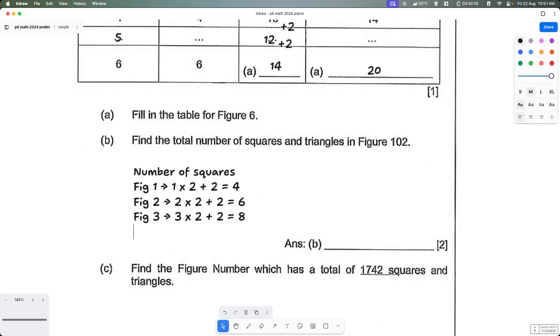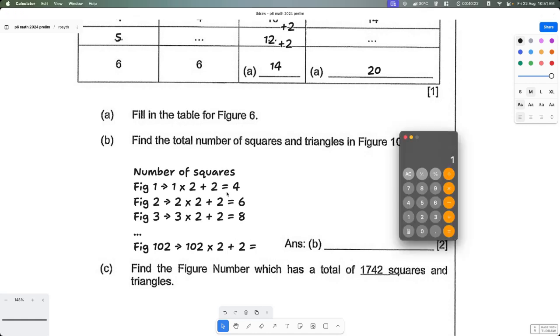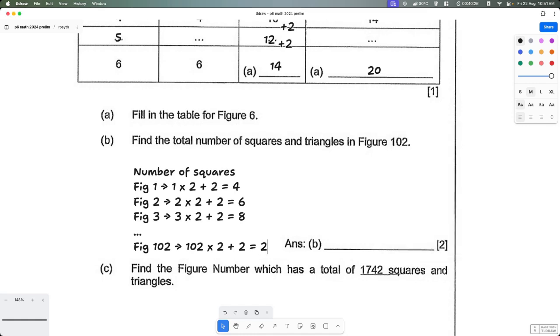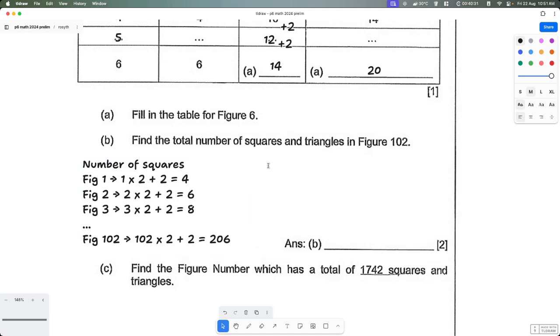So that means dot dot dot figure 102 is equal to 102 times 2 plus 2, and this will then give us, calculator, 102 times 2 plus 2, 206. So this is the number of squares, so total will be equal to 206 plus 102. This will be 308. Okay, there you go.